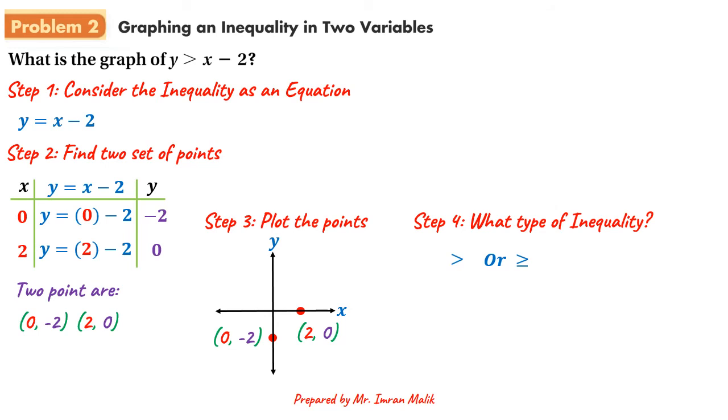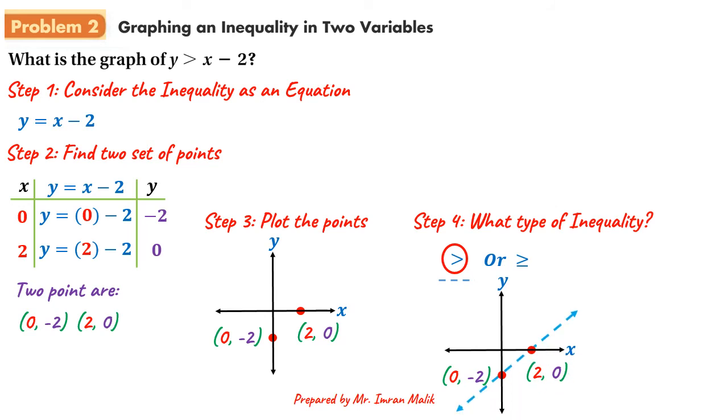As we can see from the question, the inequality is only more than and not equal to, therefore we would like to draw a dotted line. So let's bring our coordinate plane back, and we would like to connect our 2 sets of points by using a dotted line. This completes our step number 4.